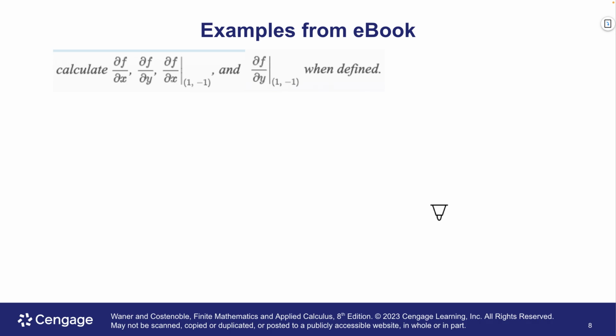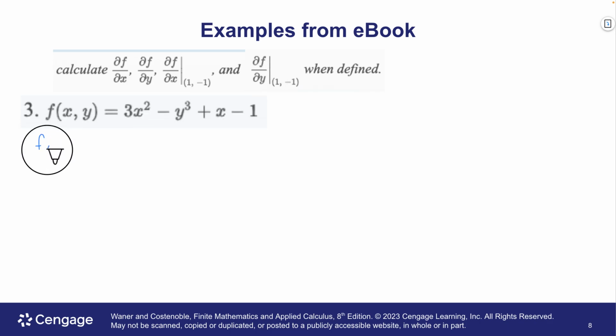So let's look at some examples. These will be similar to the homework. We've got the partial with respect to x, the partial with respect to y, and then we evaluate them at particular points. Here's an example. We'll first find the partial derivative with respect to x. The 2 for x is a variable, 2 times 3 is 6.